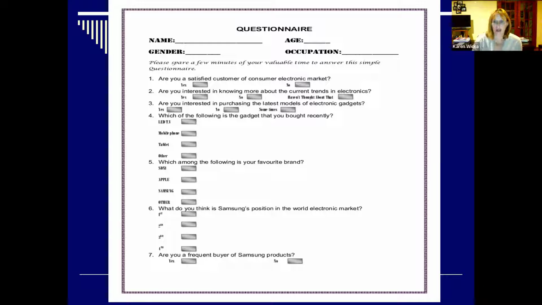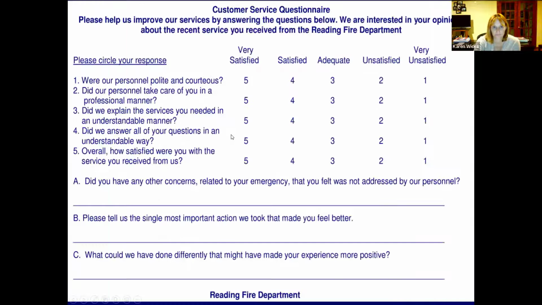Identify your ethnicity and then give them choices. Make sure you have lots of choices for them. You may even want choices that say not applicable or not willing to answer. So a lot of times you're going to have almost a multiple choice type of question for some of them. This is just another one.